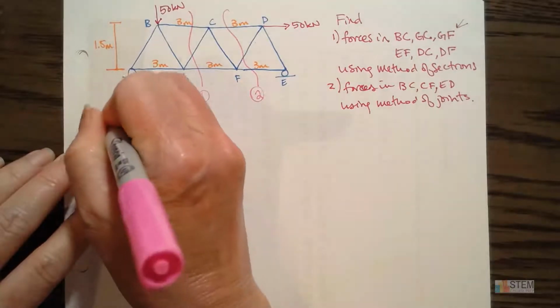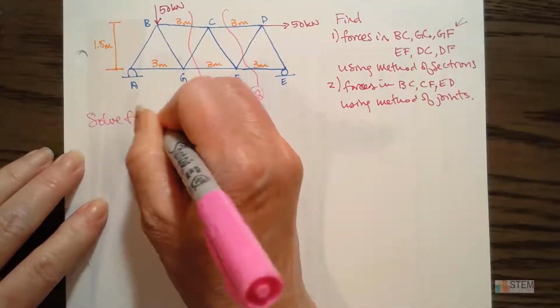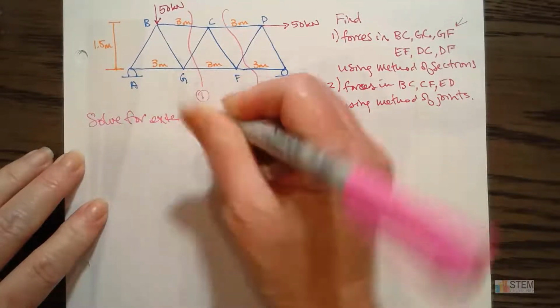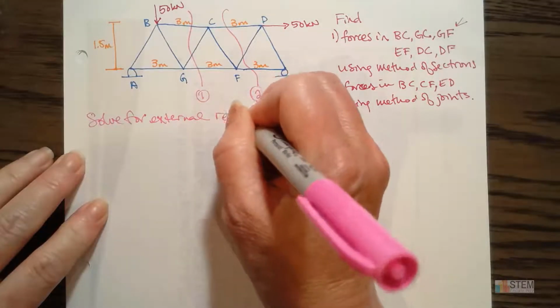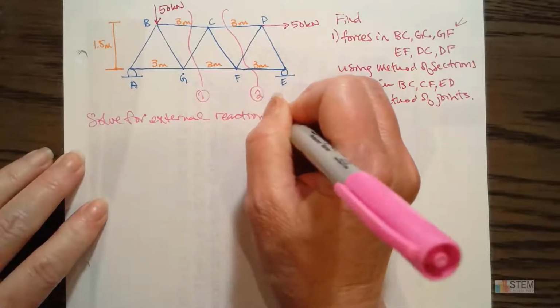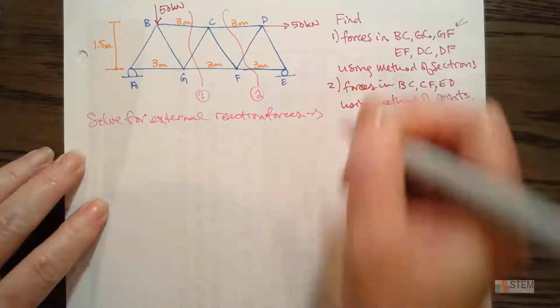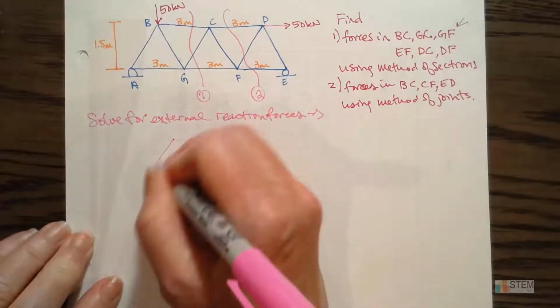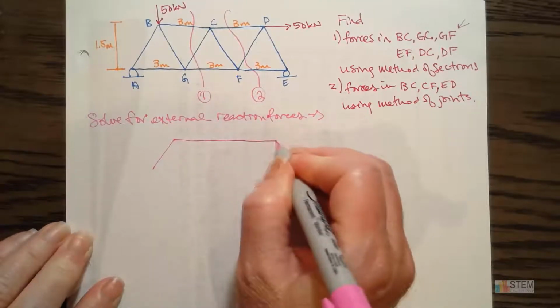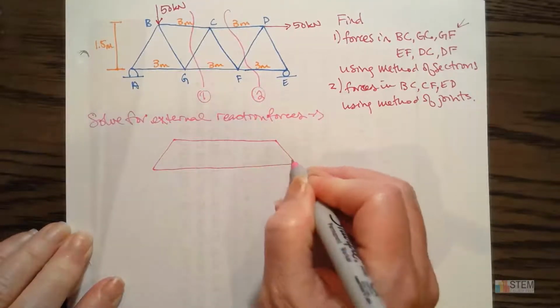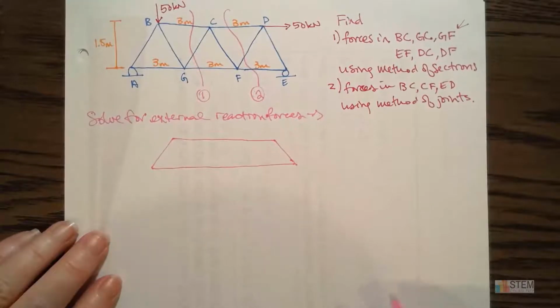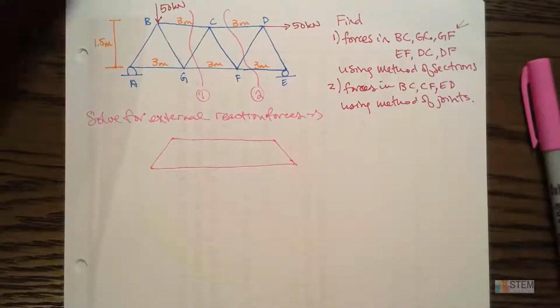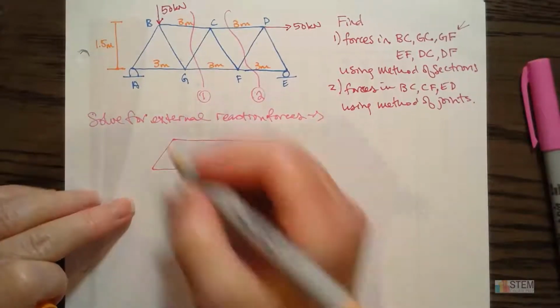So let's solve for our external reaction forces. To do that, we need to draw an outline of this whole truss. It doesn't have to be perfect, so we'll leave it like that. Then let's put these forces on here.